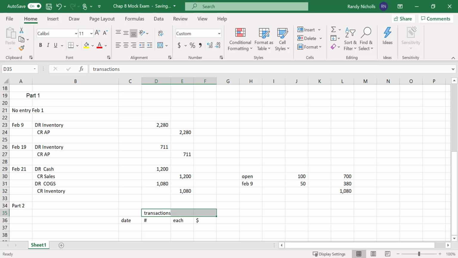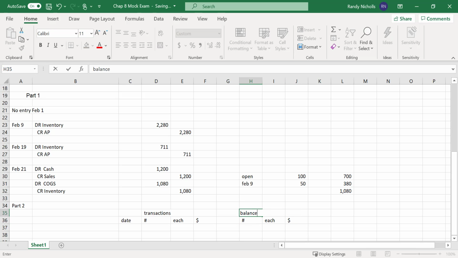I'm not going to worry too much about format because it's an exam and I'm not that fussy about it. But what I want to do is track each transaction, and then I want to look at the balance and update the balance every time.